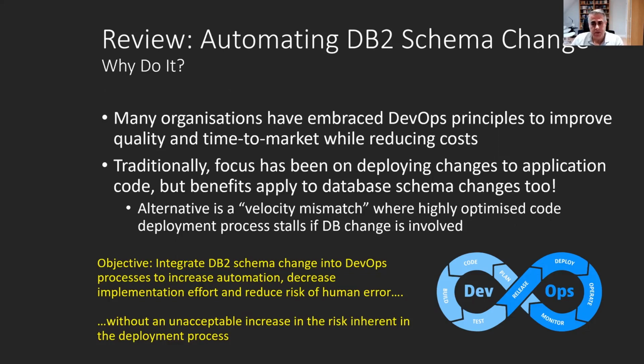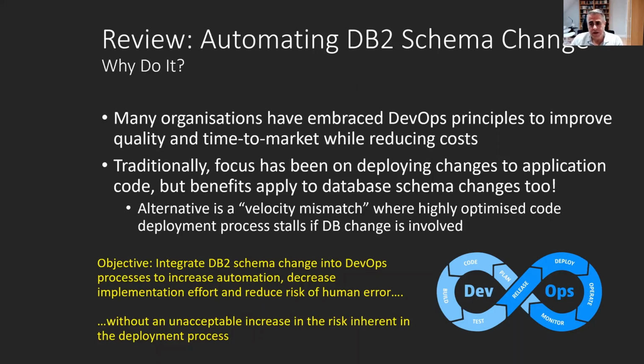So reducing cycle time, reducing the scope for human error, reducing the amount of manual time and effort so that you can free up that valuable DBA who's got a lot of years of experience to do more valuable things such as performance tuning or problem analysis or whatever else the organization wants that DBA to get involved with. And we need to do all that without increasing the risk associated with application change.